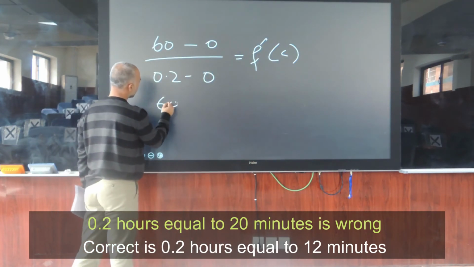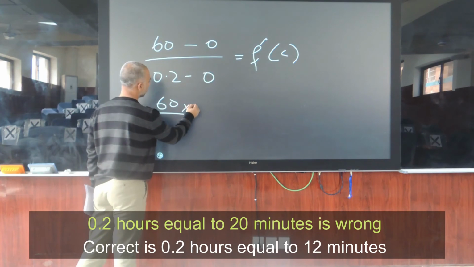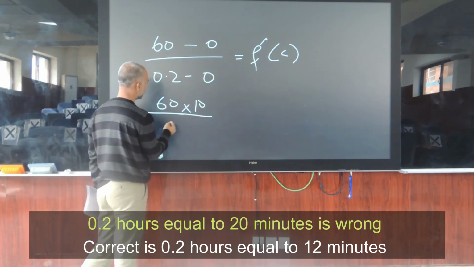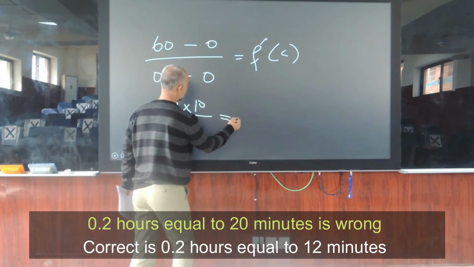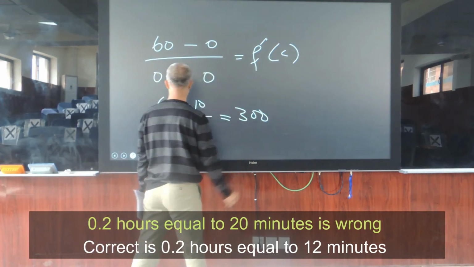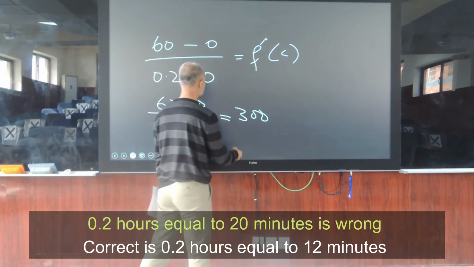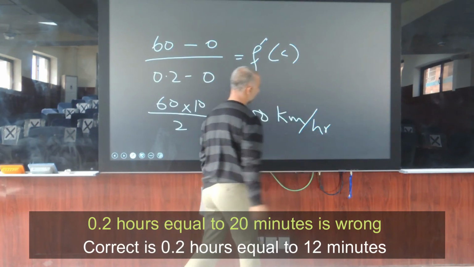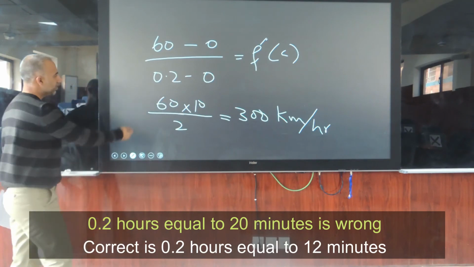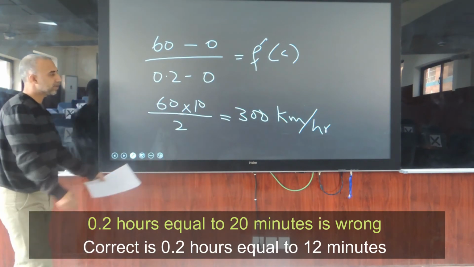What will be the answer of this? It is in kilometers per hour. If you have some super fast car, maybe it can have 3, but that is okay.